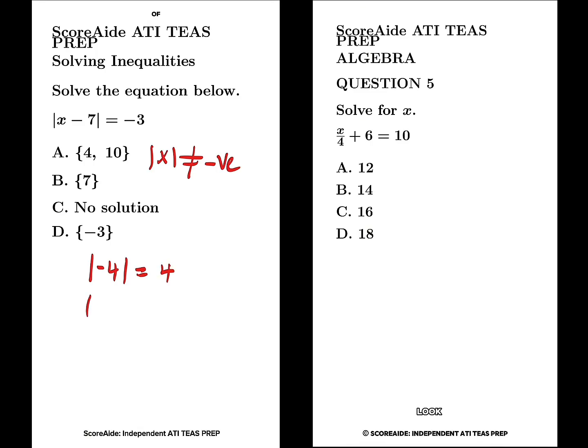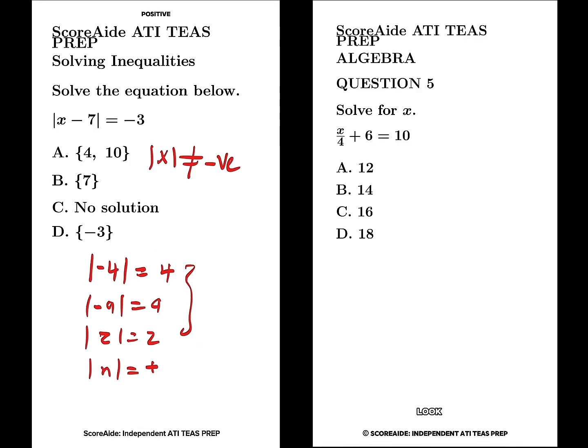The absolute value of -a is equal to a. The absolute value of z is equal to z. So the absolute value of anything is always equal to positive.